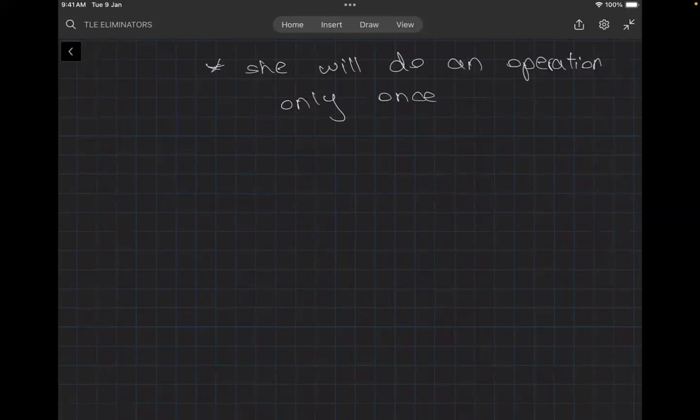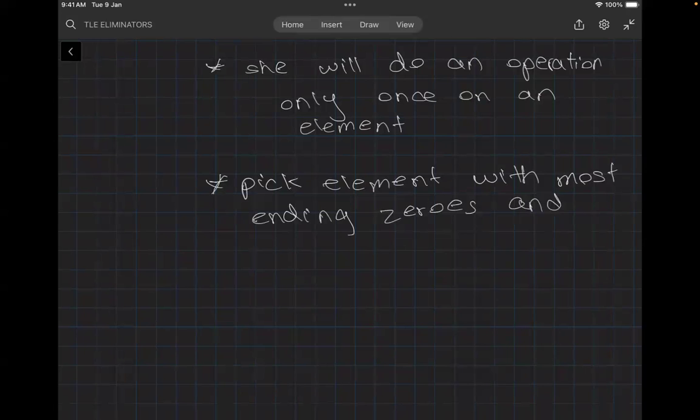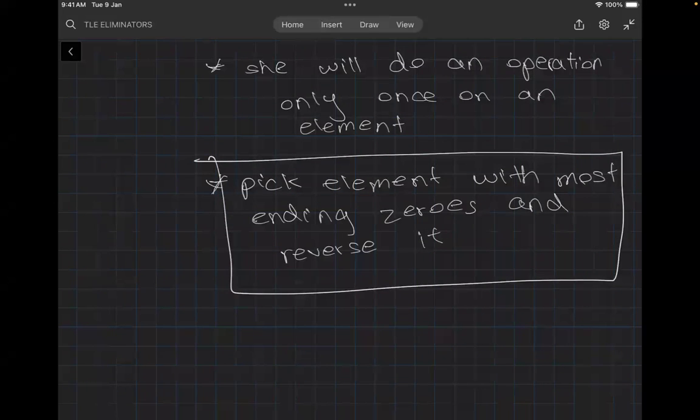And what is Anna's greedy strategy? Pick the element with the most ending zeros and reverse it. This is Anna's strategy. So what should be Sasha's strategy?